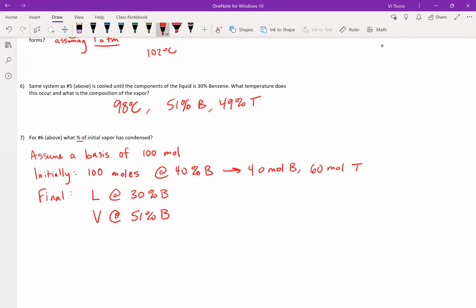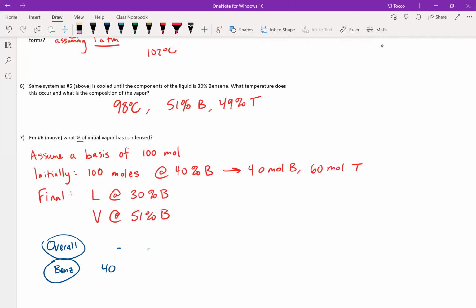All right, so I can write material balances now. I have 2 components, benzene and toluene, so that means I have 2 material balances. And once again, instead of writing both component material balances, I'm going to substitute the overall for one of them. So the overall balance is going to be the moles of vapor plus the moles of liquid is equal to 100. Or the benzene balance is going to be 40, because that's how much I said that I had initially.